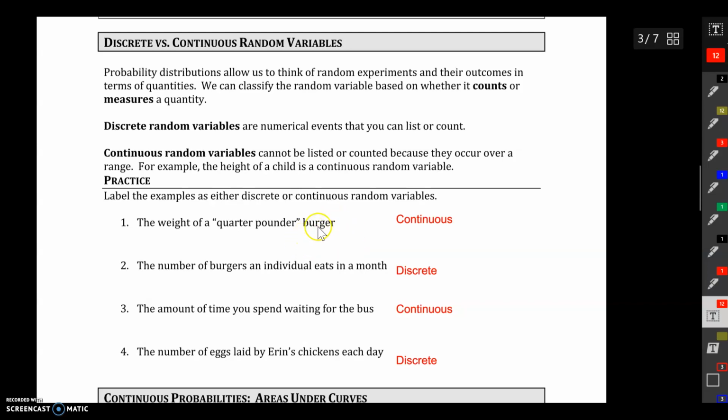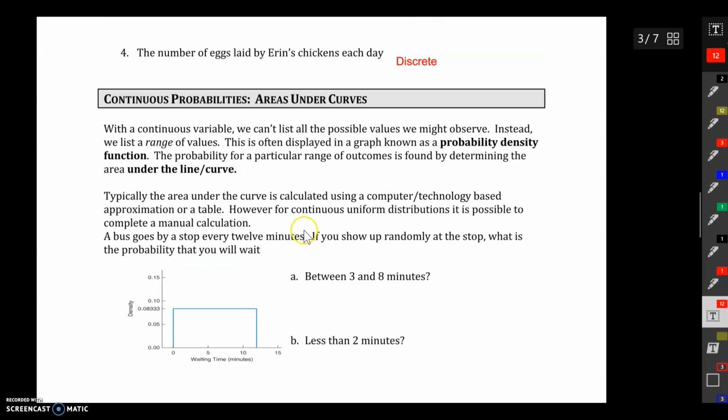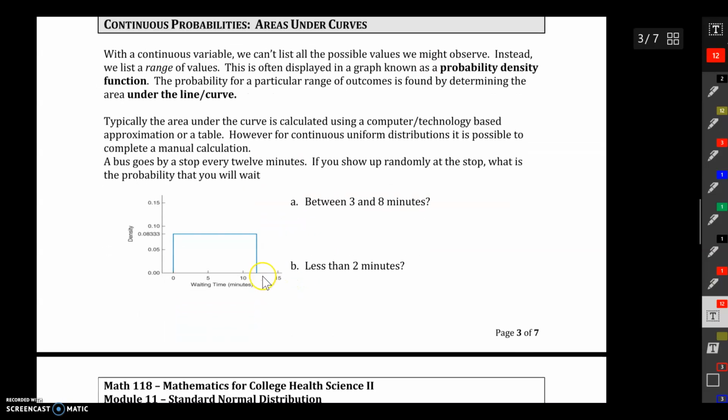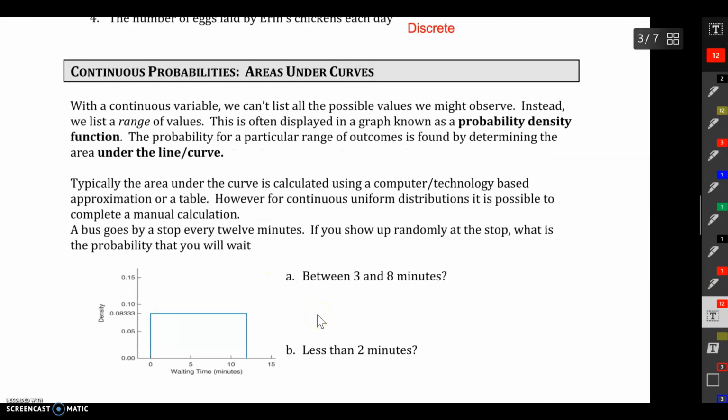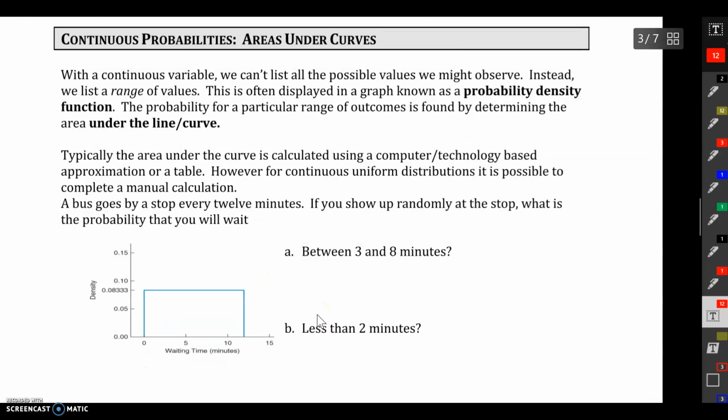So when we have continuous variables, such as time, then we can't make a bar graph or make any sort of chart of all the possible outcomes. But what we can think about is a range of values that the outcomes might fall between. And then the probability graph that we have is called a probability density function.